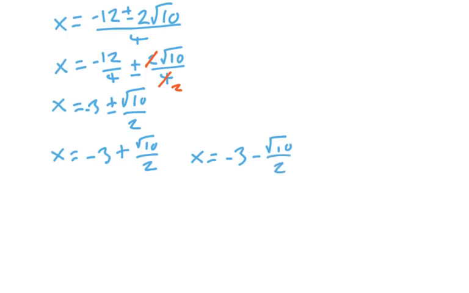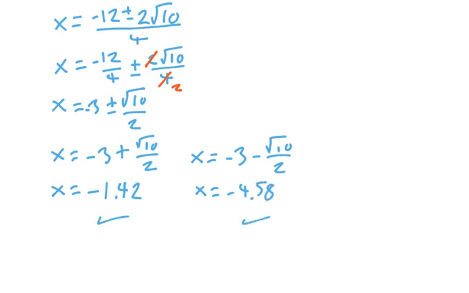And I just get my calculator out and work that out. Rounding off to, let's say, 2 decimal places, which is far more accurate than you can graph anyway. The first solution turns out to be negative 1.42 approximately, and the second one is negative 4.58.